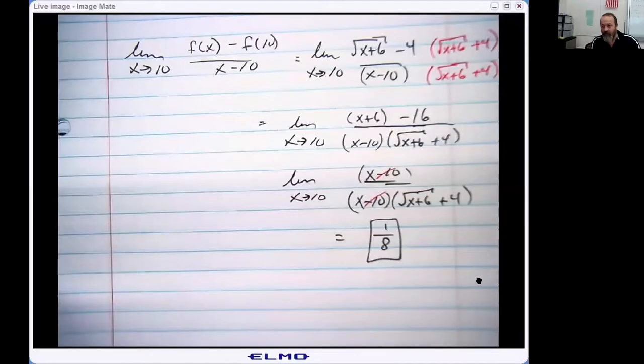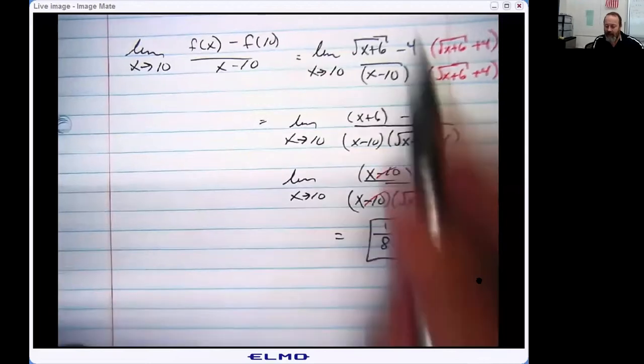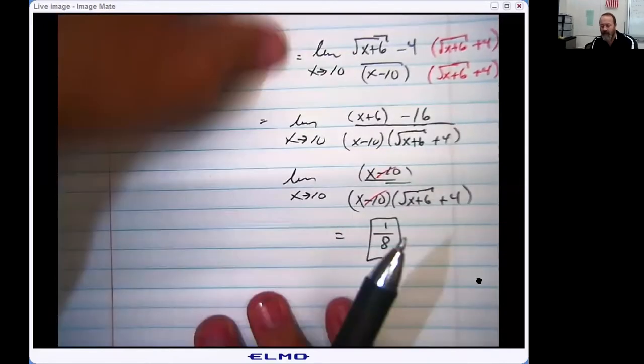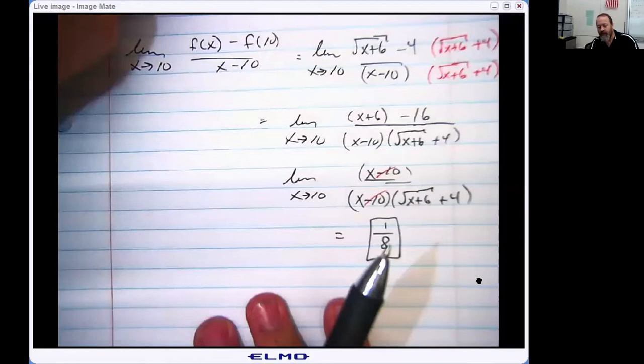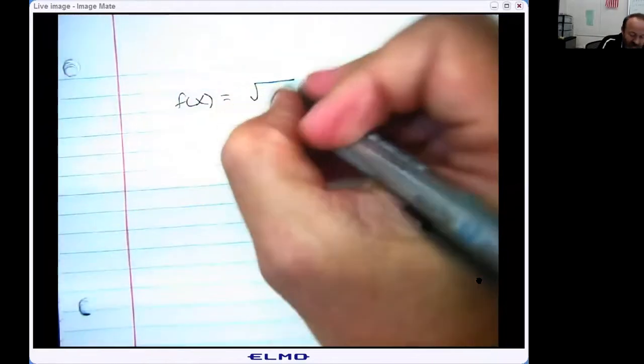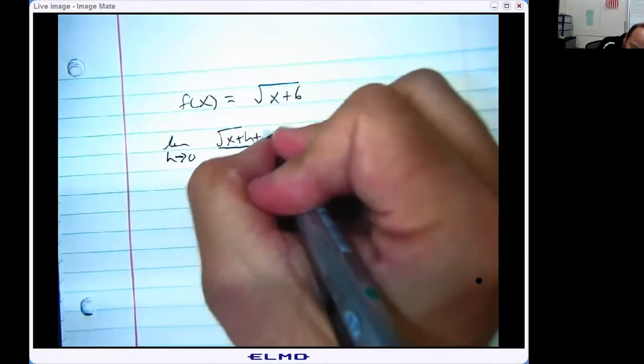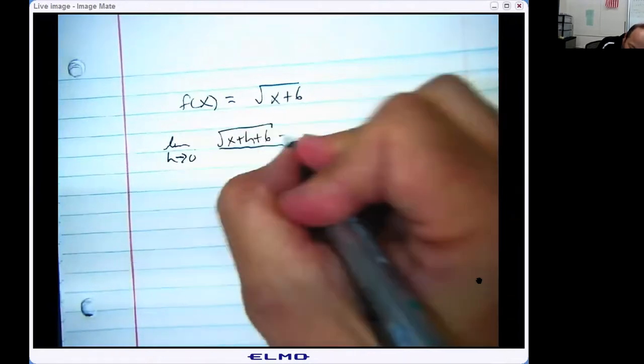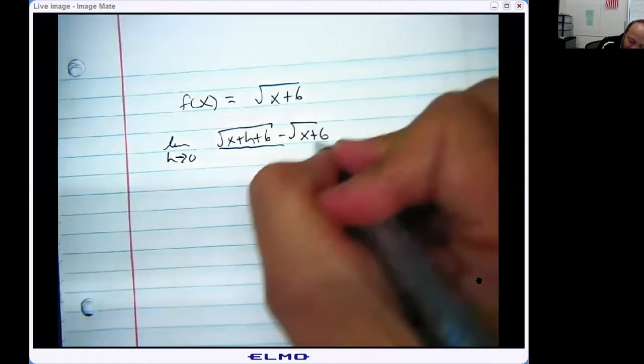Now, if we wanted to go with the other version, which is a much stronger version, we could actually validate that we have that same slope. So let's take a look at that with root x plus 6. This is the formal definition. Again, if f of x is root x plus 6, let's take a look at the limit as h goes to 0 of f of x plus h minus f of x all over h.